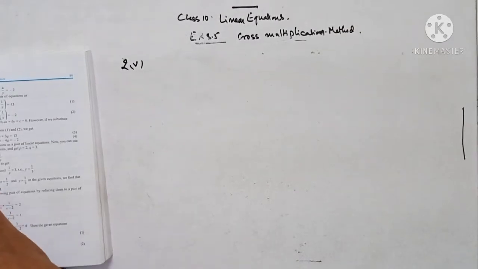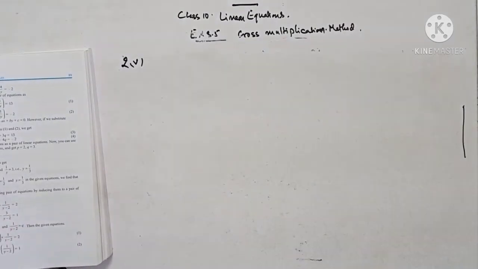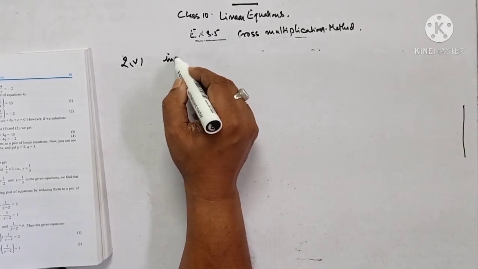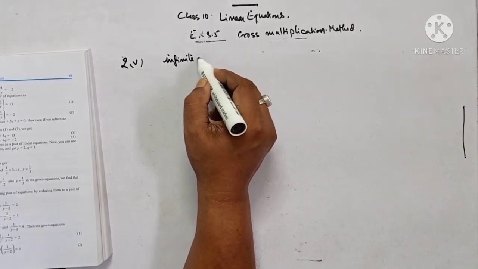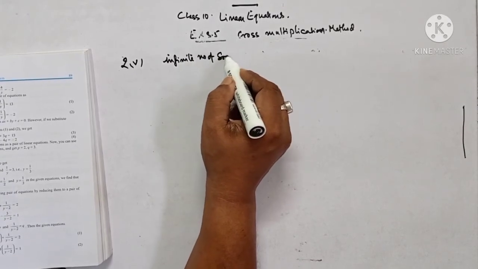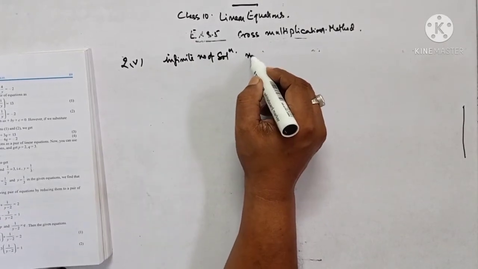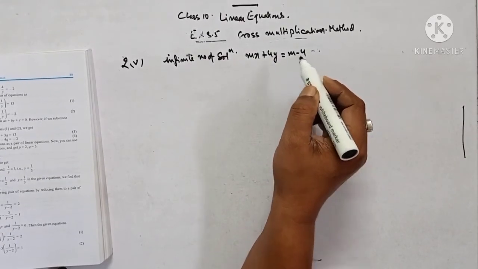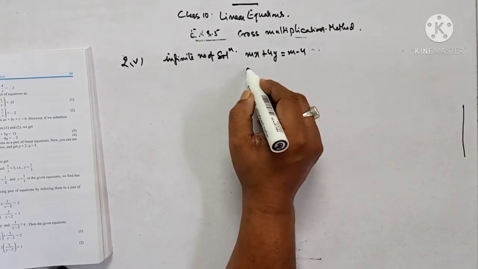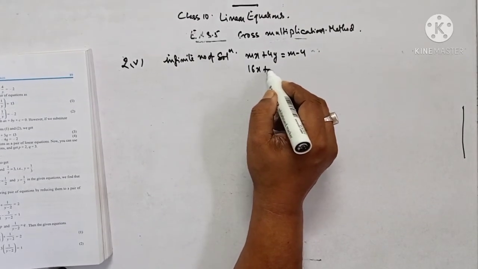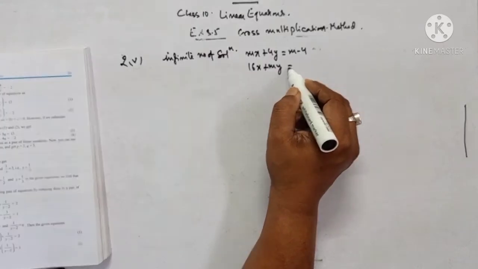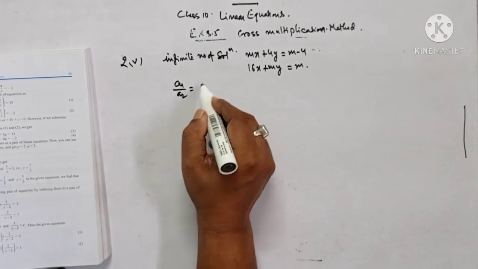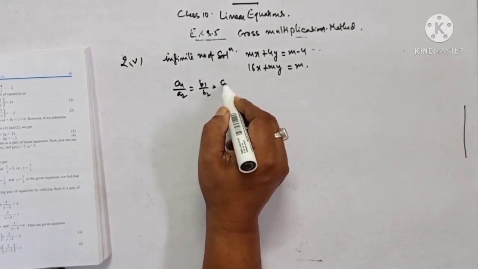Find the value of m such that the following system of linear equations has infinite number of solutions: mx plus 4y is equal to m minus 4, and another equation is 16x plus my is equal to m. For infinite number of solutions, a1 by a2 equal to b1 by b2 equal to c1 by c2.